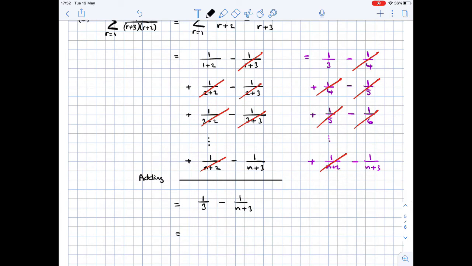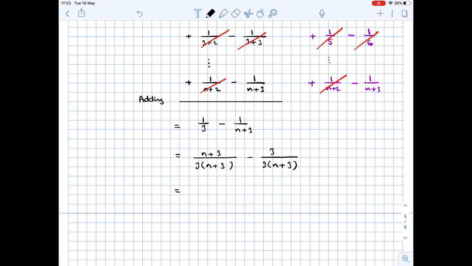Now, you'll be expected to try and simplify this, so let's bring those two fractions together. Multiplying the left-hand fraction by n plus 3 over n plus 3, so we have a common denominator, and multiplying the right one by 3 over 3, it becomes minus 3 over 3(n plus 3). Now gathering those terms together, because they have a common denominator, gives us n plus 3 minus 3. Obviously you could do that cancelling there.